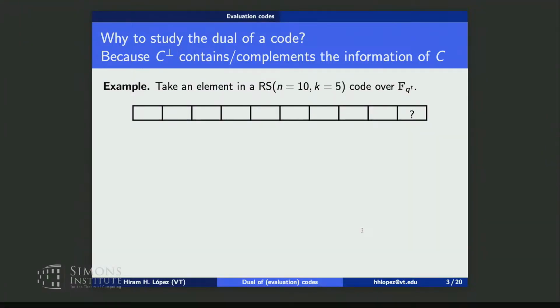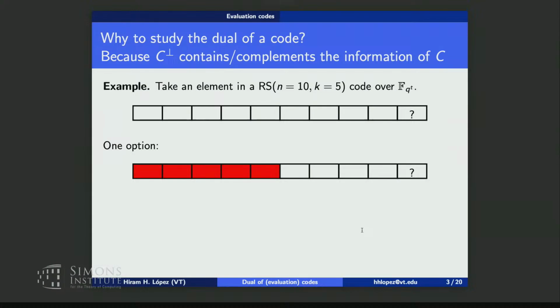Now, let's imagine that this is a codeword in a Reed-Solomon code, length n, dimension 5, and we lost one entry. I was walking and I don't know where I left the entry. How can I recover that entry? It's a Reed-Solomon code, so it's just interpolation, and I just need to know the value of 5 entries.